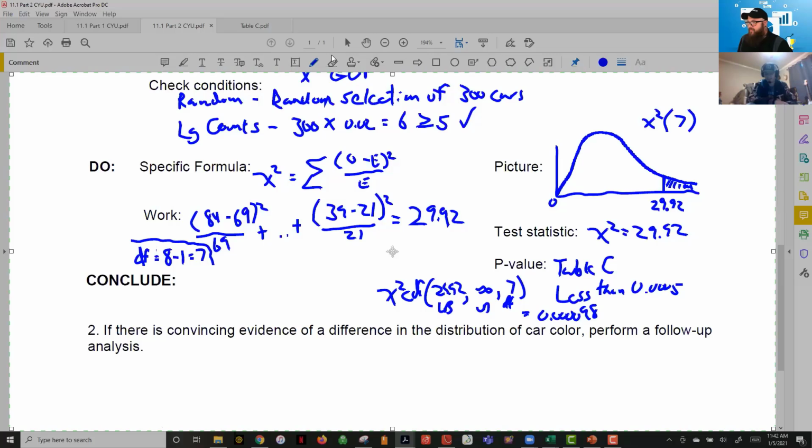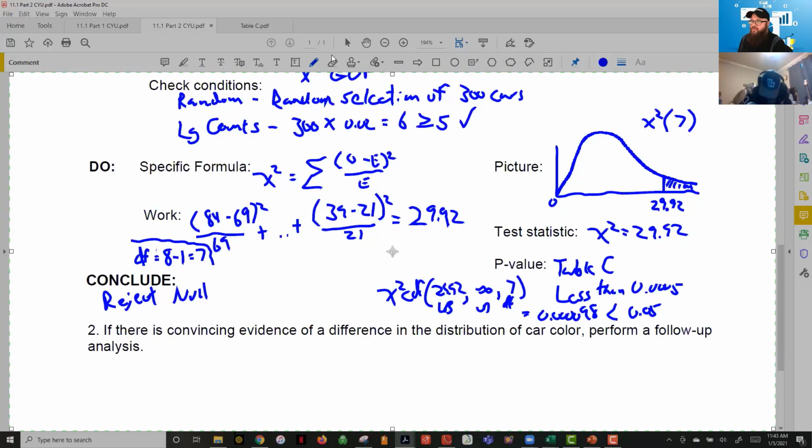So with that, we compare that to our significance level. Of course, the P is definitely less than 0.05. So the P is low, so we'll reject the null. With this, then your conclusion, you're going to make a statement.